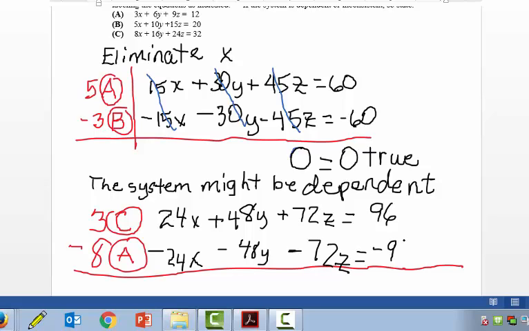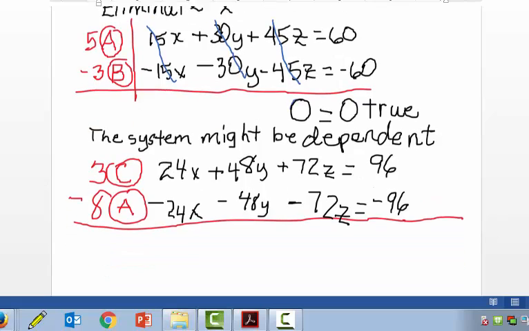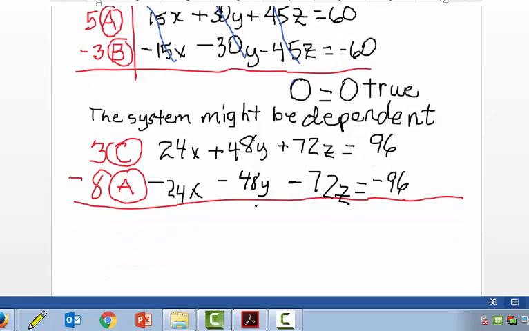So 3C is 24x plus 48y plus 72z equal 96. Negative 8A is negative 24x minus 48y minus 72z equal negative 96. Everything cancels on the left, leaving me with 0, and 96 plus negative 96 is 0.